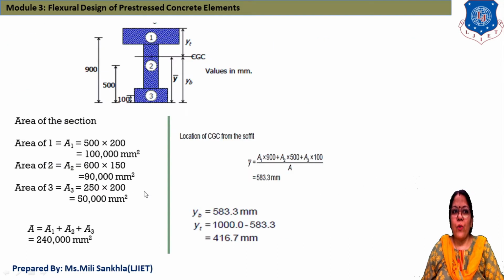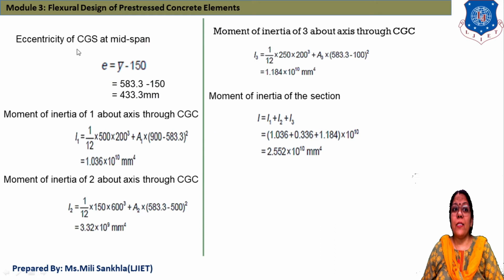Now here we find out eccentricity of CGS at midspan. First of all, the bottom Y bar that we found out minus 150, that is equal to 433.3 mm. This is the eccentricity of CGS at midspan. Now we find out moment of inertia of part 1 about axis through CGC, center of concrete.